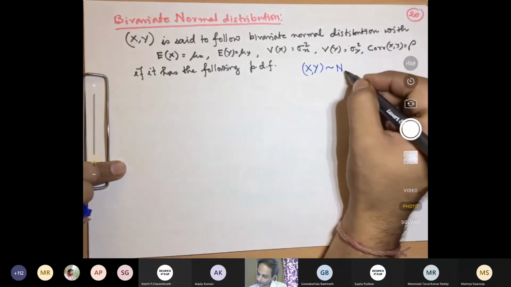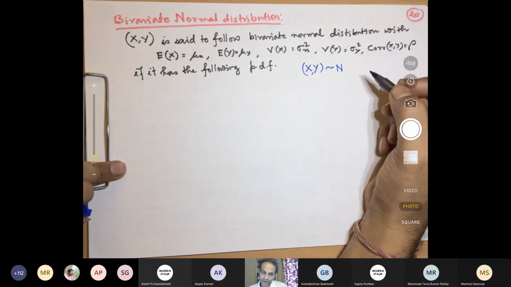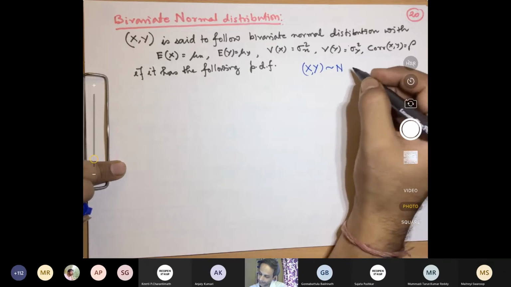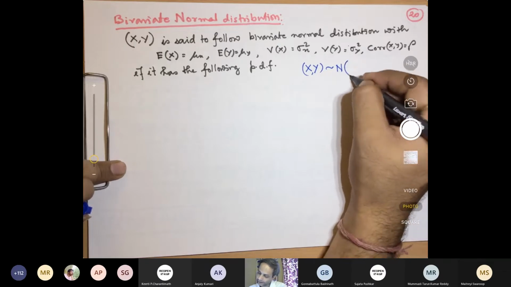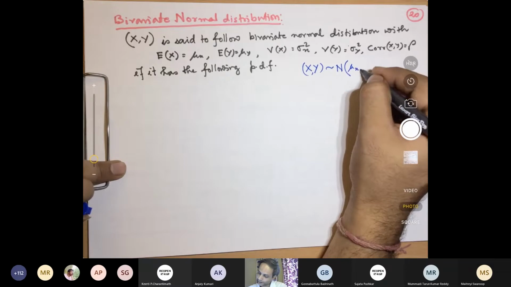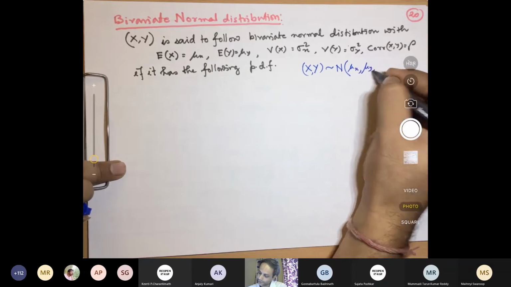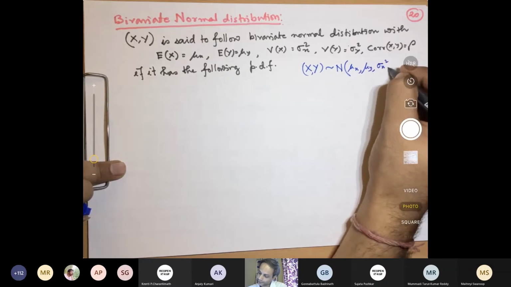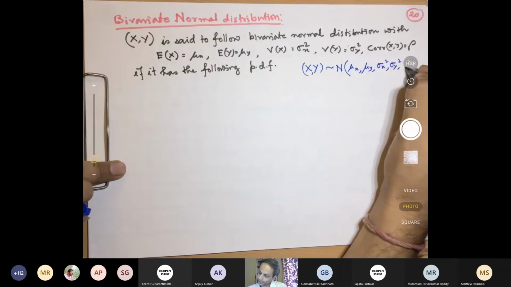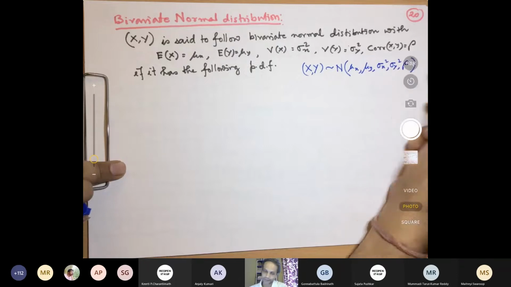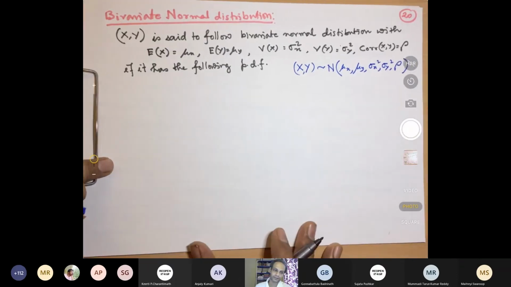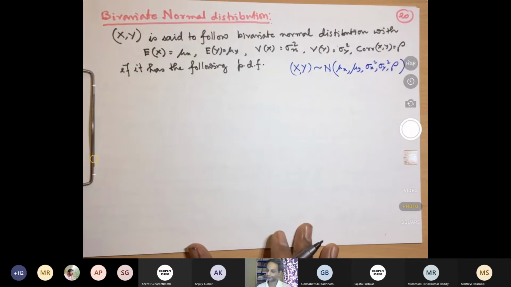Sometimes people also write N2 just to denote how many dimensions are there. But in general, it is mu x, mu y, sigma x squared, sigma y squared, rho. So this is the way of writing.